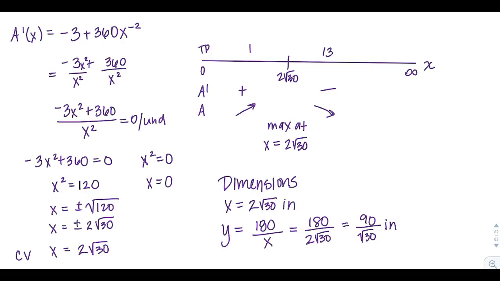So the other way we could potentially see the answer is dimensions are given as 2 radical 30 inches by 90 over radical 30 inches.